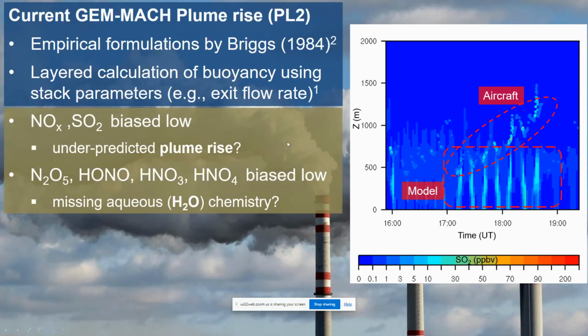So the negative bias that was observed in these comparisons for some species has been attributed sometimes to the underpredicted plume rise for SO2 and NOx, and for some other species has been attributed to the missing aqueous phase chemistry, basically missing water and its impacts on plume behavior.